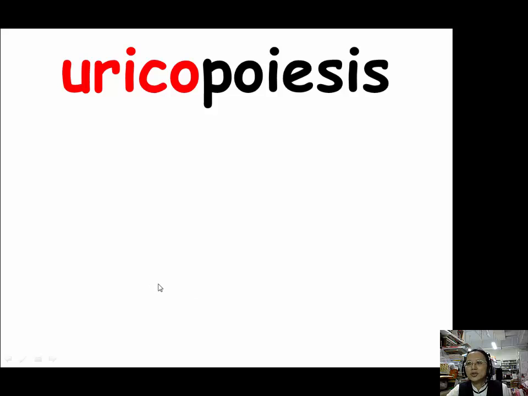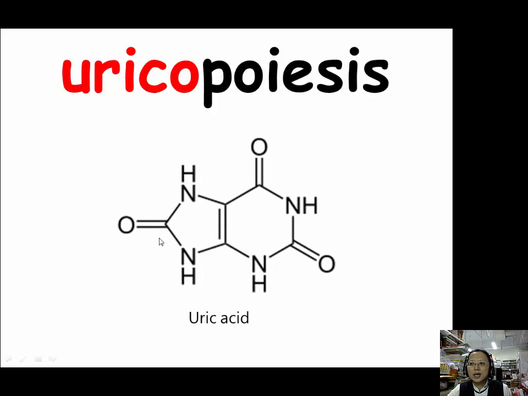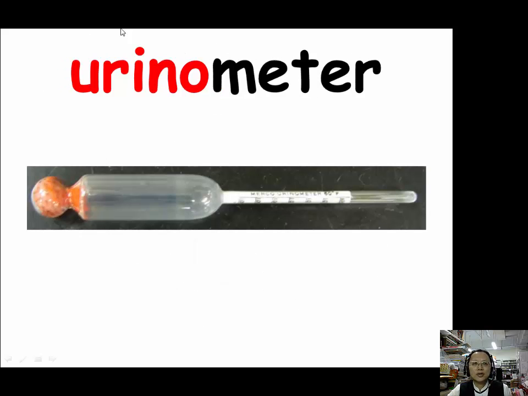Our example for urico is uricopoiesis. Uricopoiesis is the production of uric acid. This is uric acid. For urino, our example is urinometer. Urinometer, just like the one shown in the picture, is a hydrometer used to measure the specific gravity of urine.